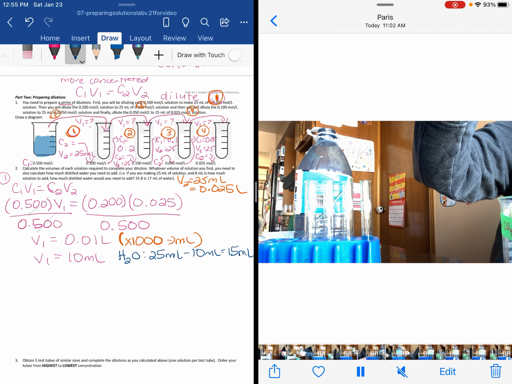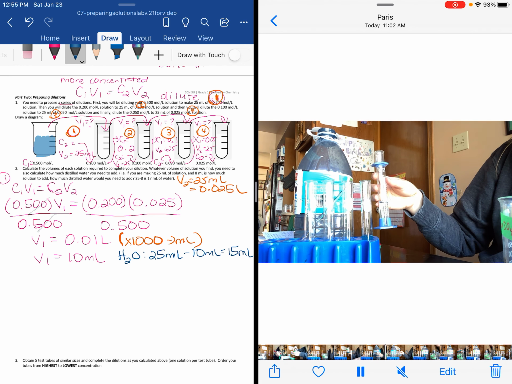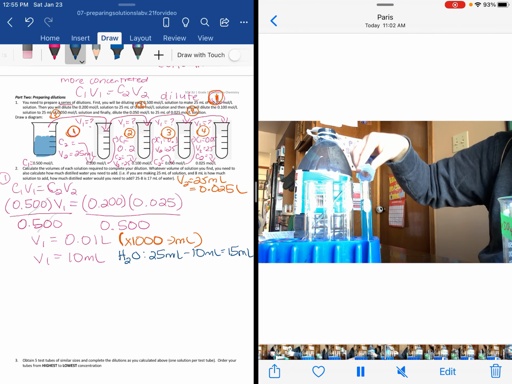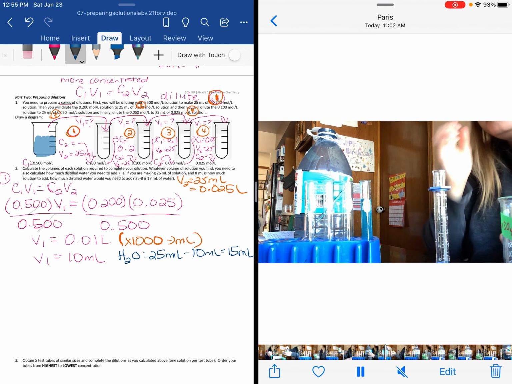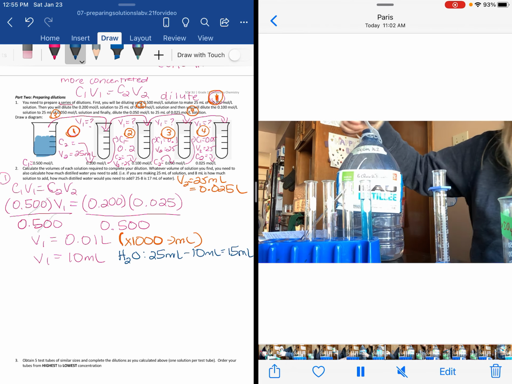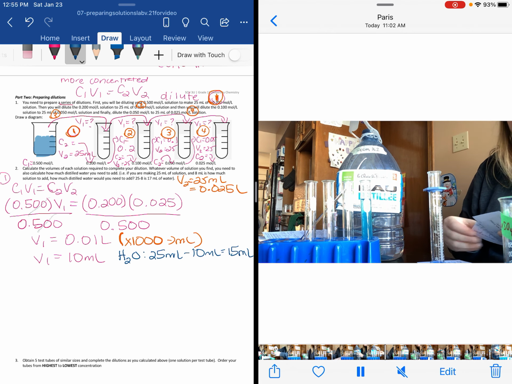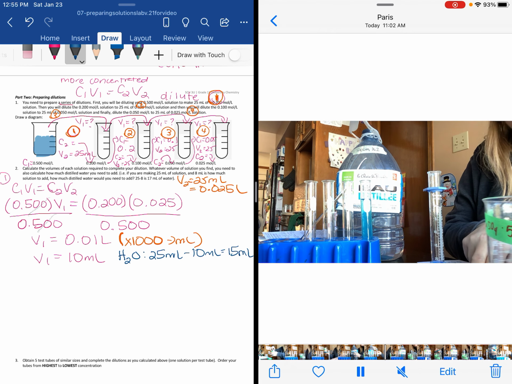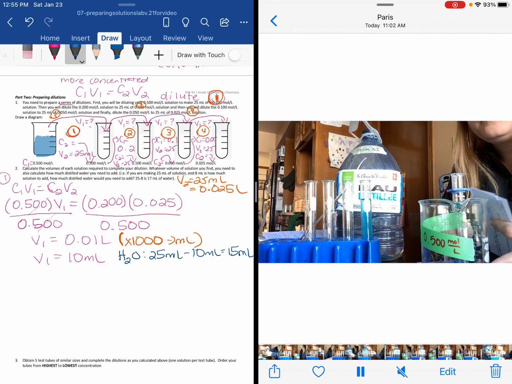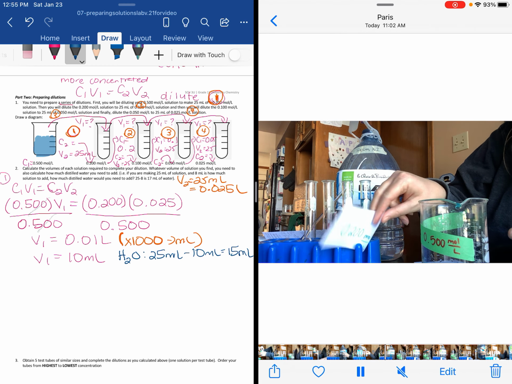I had to dump a little bit out in a waste beaker. Pour it in. And now I have added water to the concentrated solution to make it more dilute. So this new solution in the test tube is now 0.2 molar.